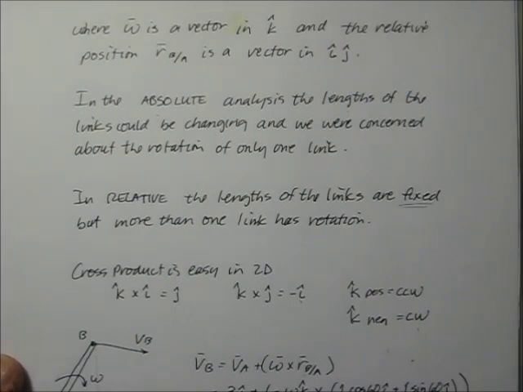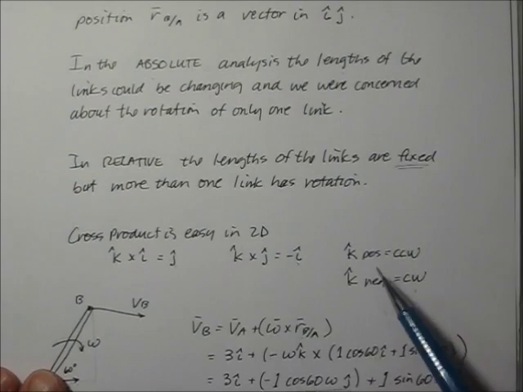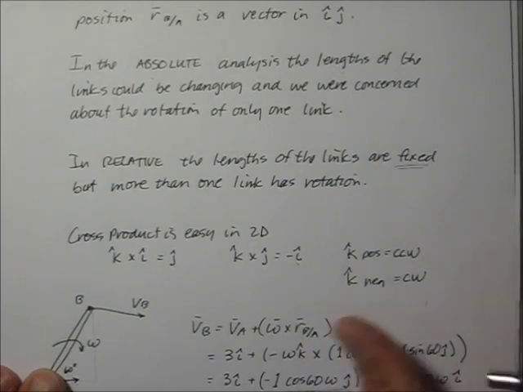So it's pretty simple to do, but it's even easier when we're only concerned about 2 dimensions. And so these are the signs that we'll be cognizant of. And recall also that omega being in the k space, by the right-hand rule, we're going to say positive is counterclockwise and negative is clockwise.